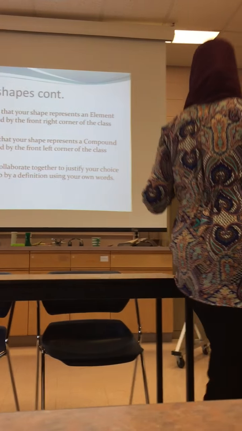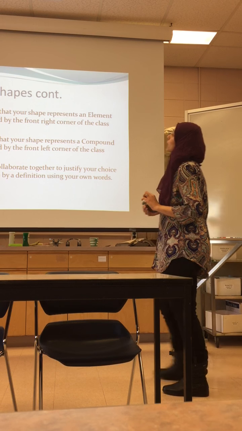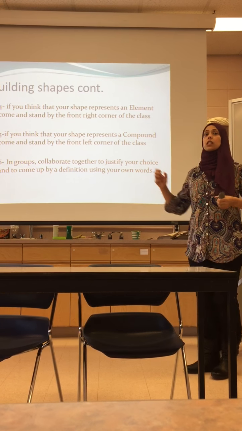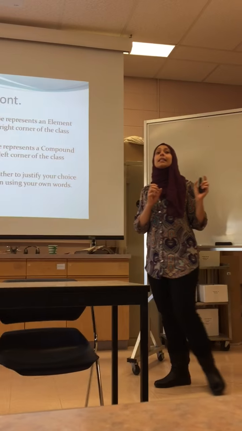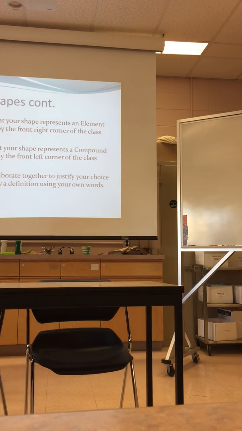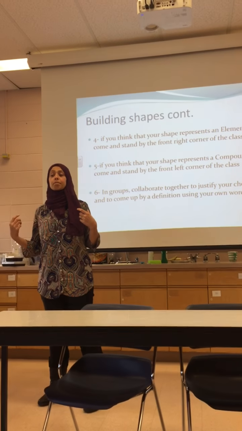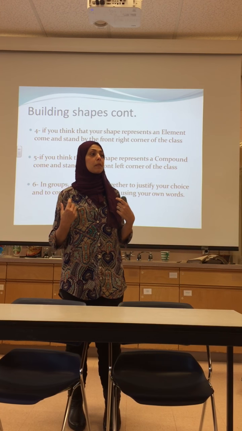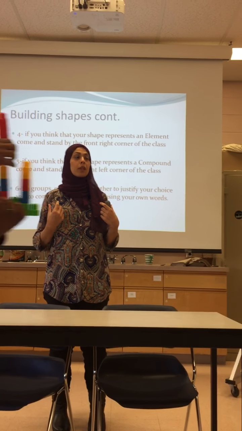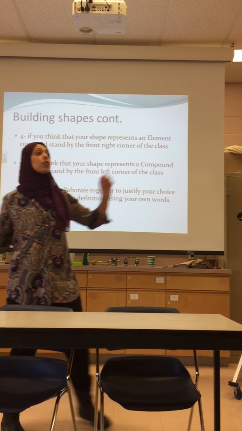If you think your shape represents a compound, come and stand by the front left. If you think your building represents an element, come and stand to the right. So if it is a compound, to the left.